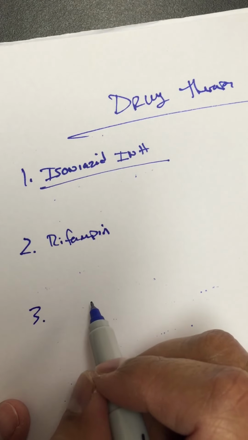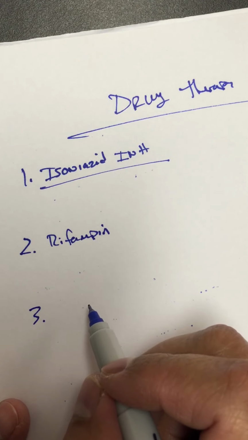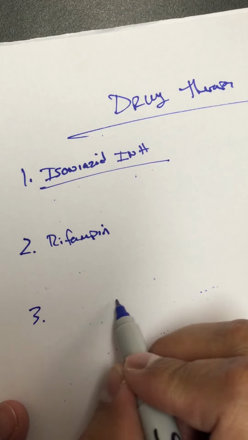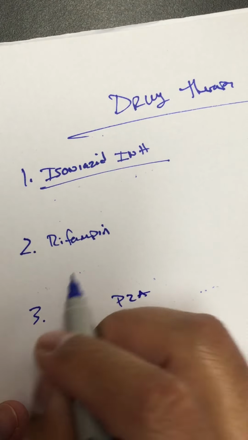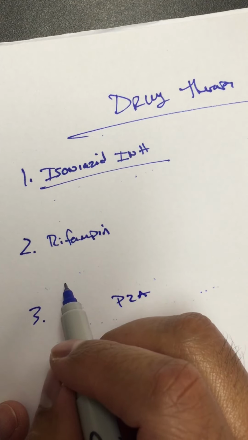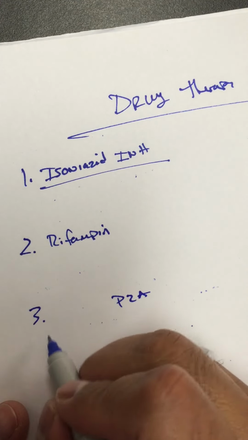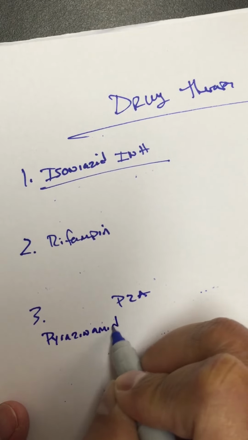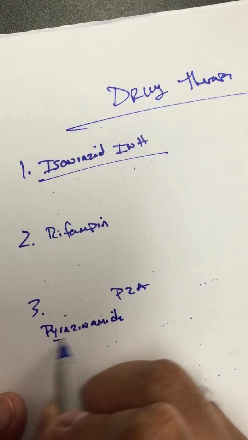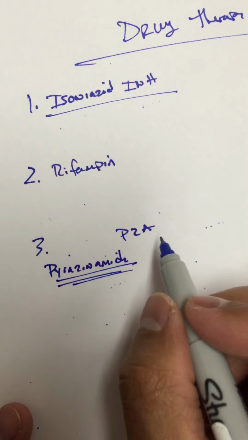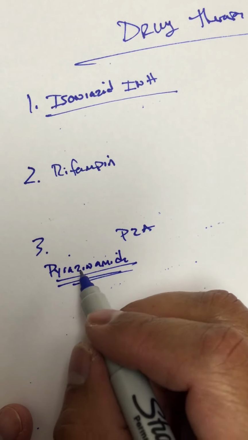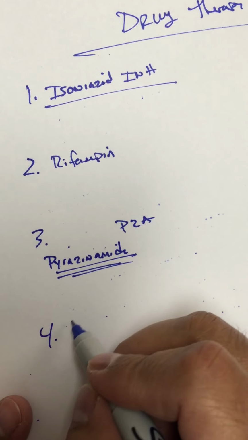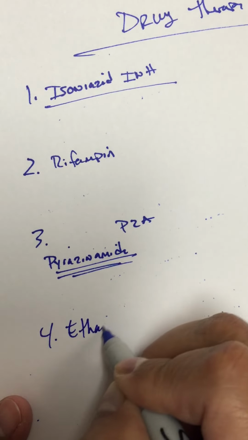Number 3, PZA, or pyrazinamide. Four, ethambutol.